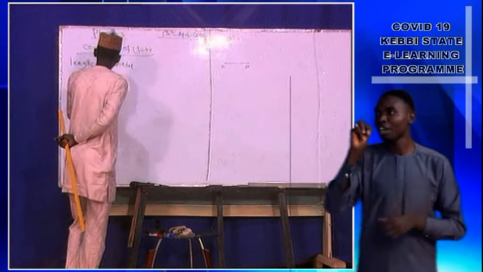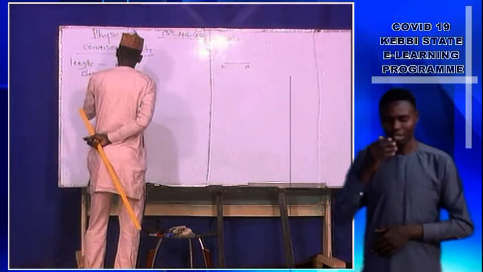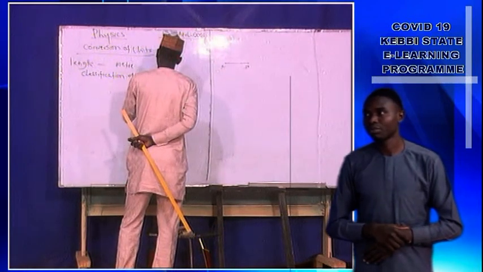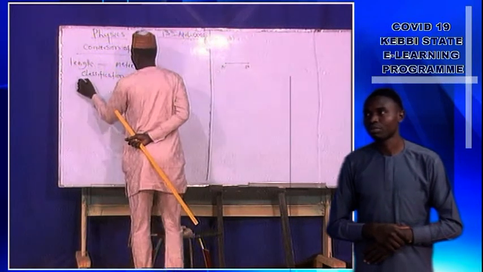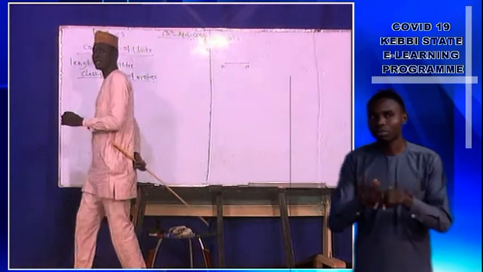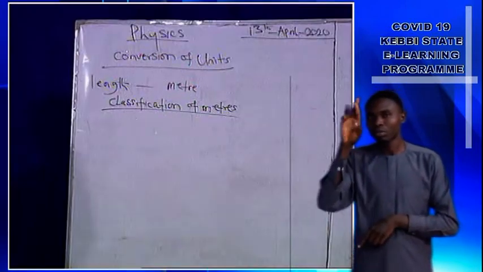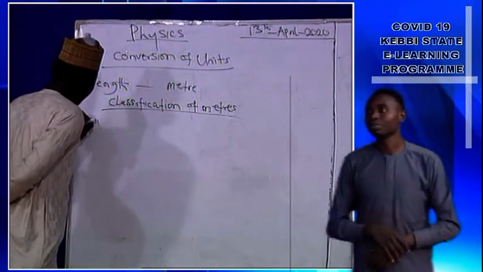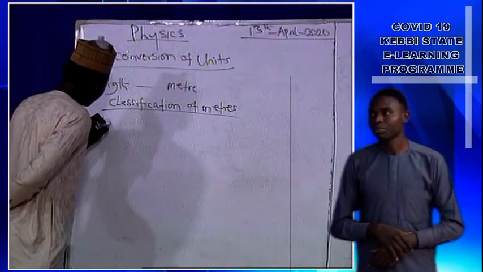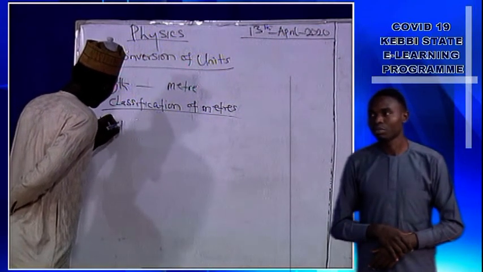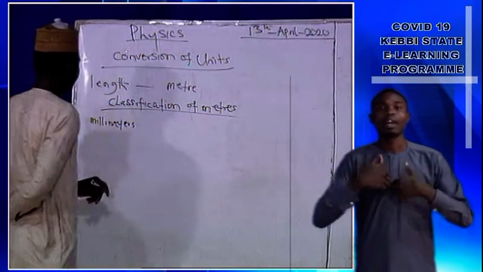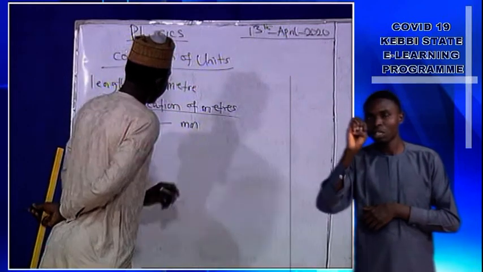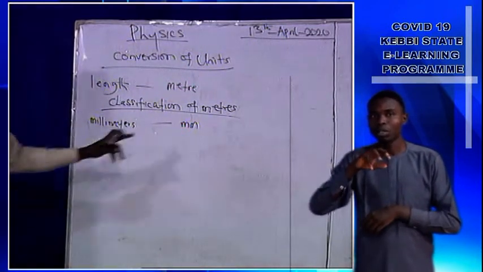Classification of meters. As I told you, meters are classified into various classes. One, we have millimeters, which has a symbol of mm, small mm.